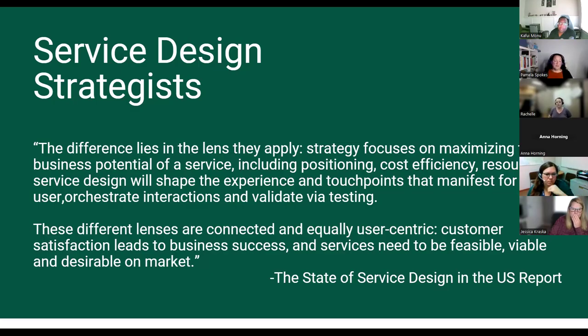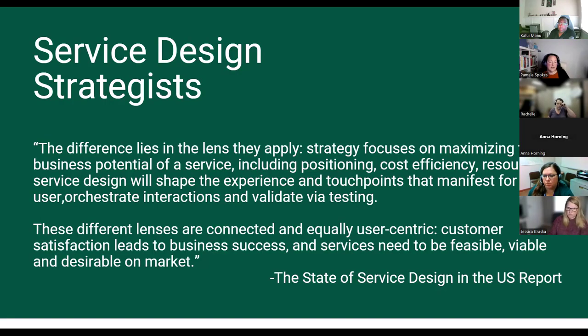So there's the two parts of it. There's the strategic use of service design, looking at these broader business points, and then there's the application of the service design and how they're using that within an organization.